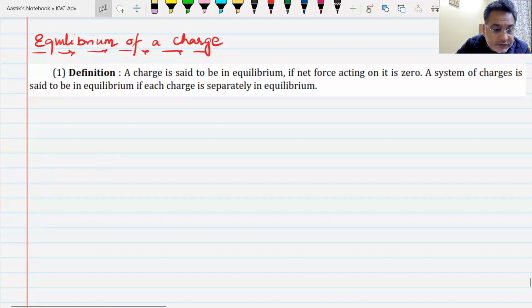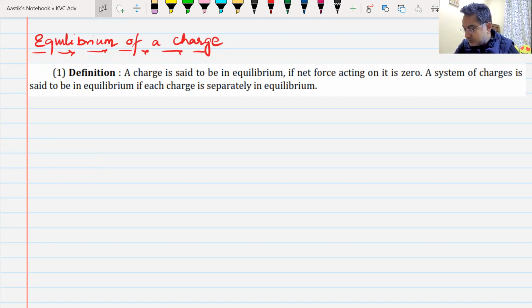Equilibrium. Three types of equilibrium. Anyone remembers it? Do you remember it? Three types of equilibrium. What are those? Mechanical equilibrium.